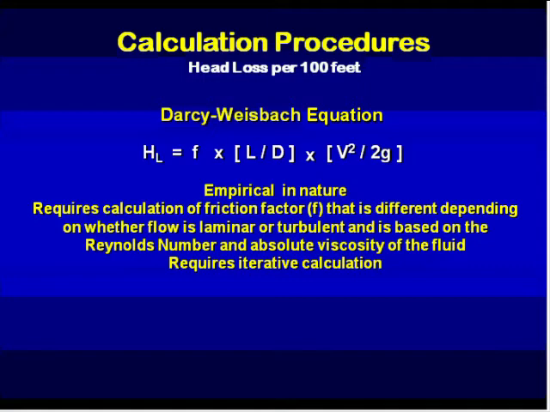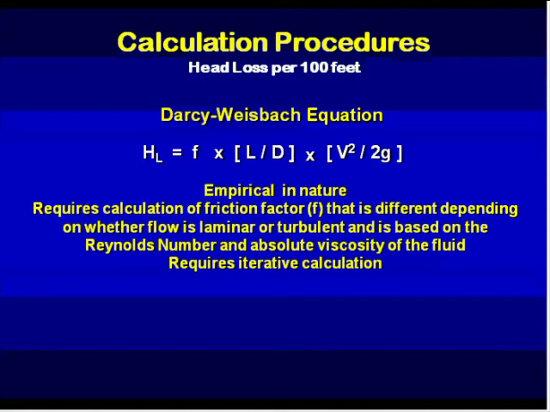The most accurate one is the Darcy-Weisbach equation that was developed a long time ago, but it's empirical in nature. The problem is it requires the calculation of a friction factor that is different depending on whether the flow in the pipeline is laminar or turbulent. It's also based upon the Reynolds number and the absolute viscosity of the fluid.